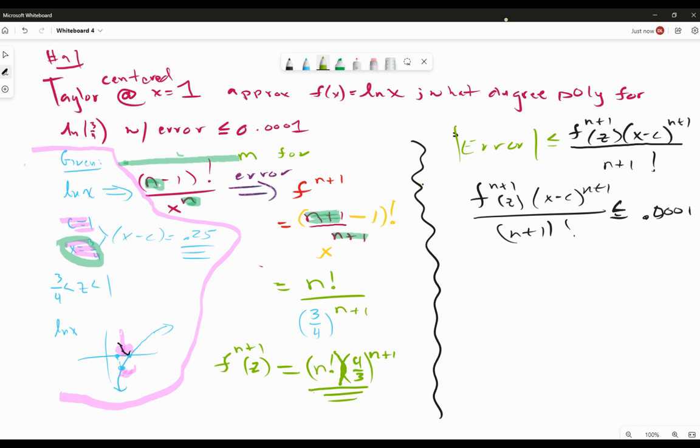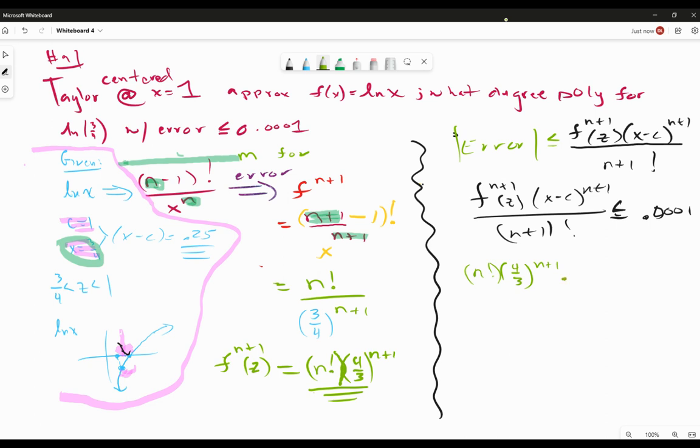So I'm going to do n factorial times 4/3 to the n plus 1. That's a horrible 3, guys, I haven't done this in a while. I would do this on a whiteboard, but I'm not at school right now.